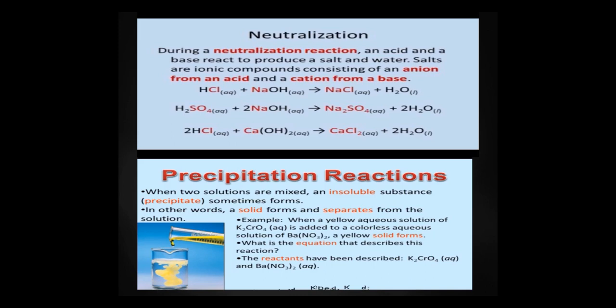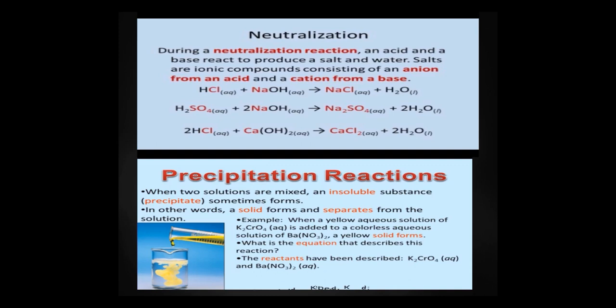Neutralization reaction is the reaction between an acid and a base to produce salt and water. Salts are ionic compounds consisting of an anion from an acid and a cation from a base. So here all the reactions will be between acid and base. Here you can see HCl plus NaOH. HCl is in aqueous solution and it is an acid, and NaOH is a base.